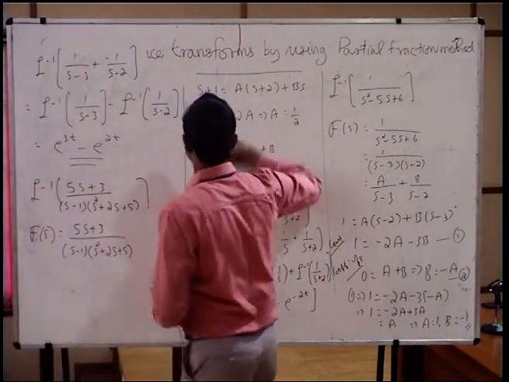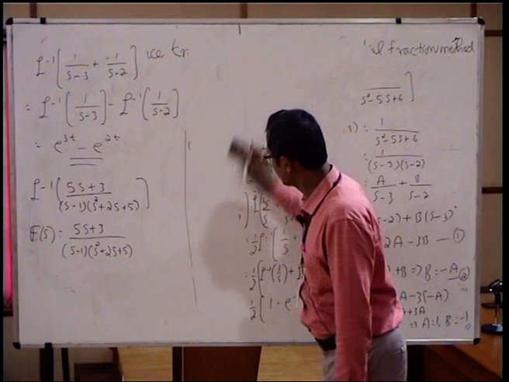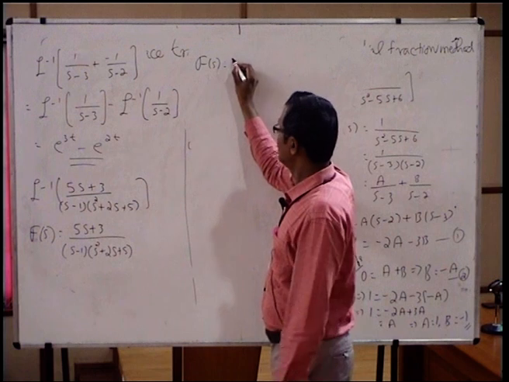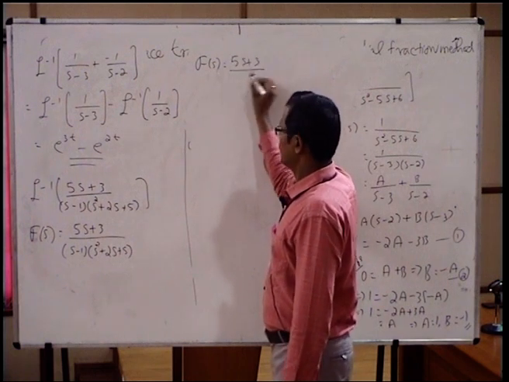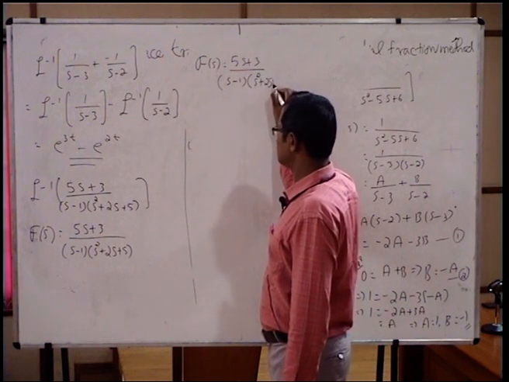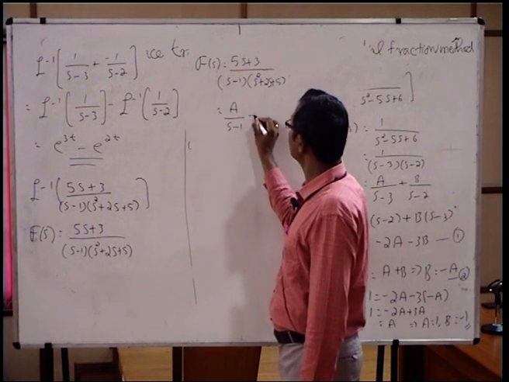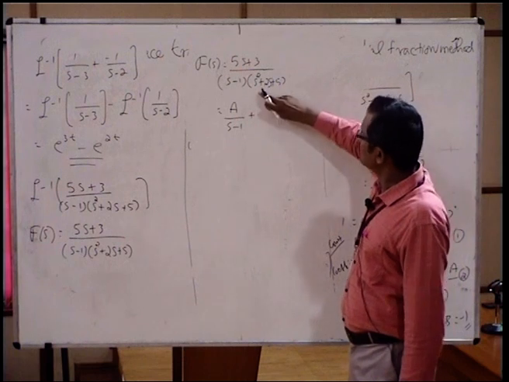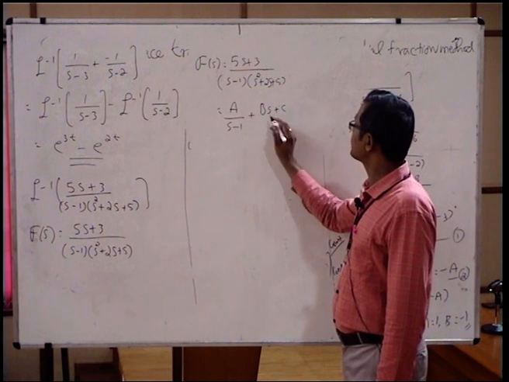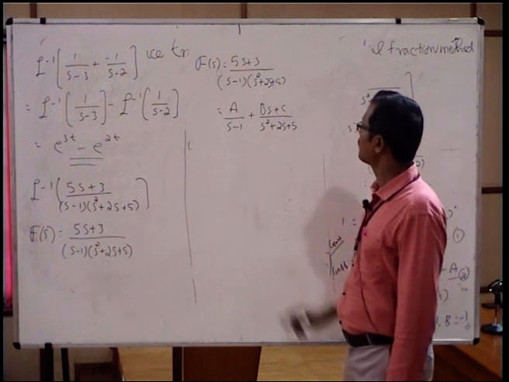So consider the corresponding terms in the partial fraction. F of s equal to 5s plus 3 by s minus 1 into s square plus 2s plus 5, that is equal to A divided by s minus 1 plus, corresponding to the second degree polynomial, the term in the numerator is bs plus c divided by s square plus 2s plus 5.